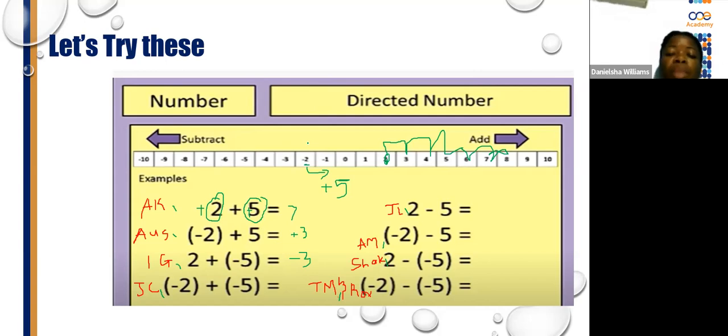So usually addition takes us to the right. But because we're adding a negative term, we're using the number line, so that's why I'm referring to either moving right or left. So we're now going in the opposite direction, 5 units. So you're adding in the reverse based on how your number line is. So this will take us to -7.